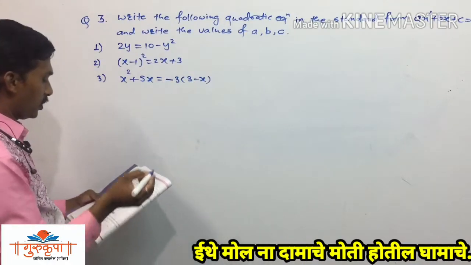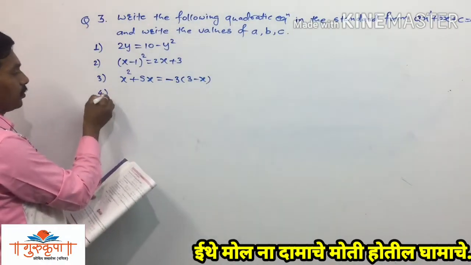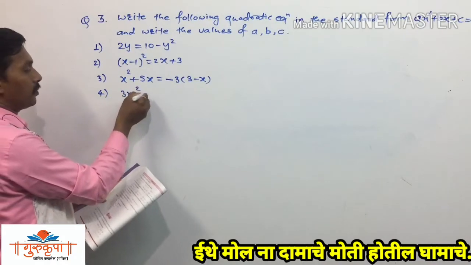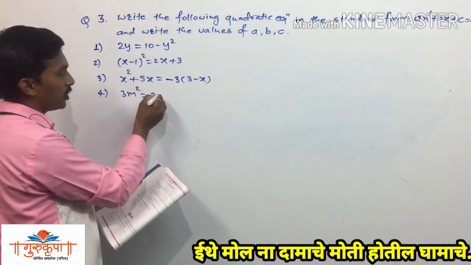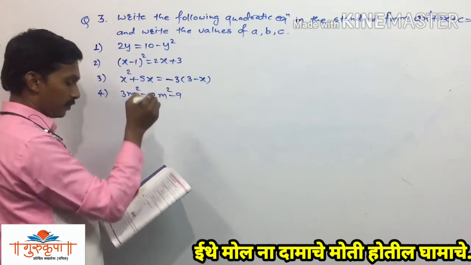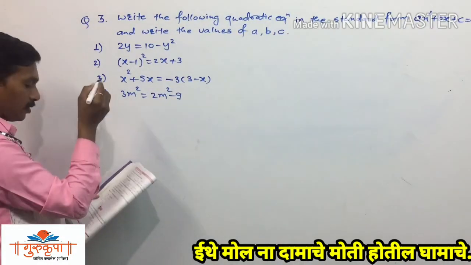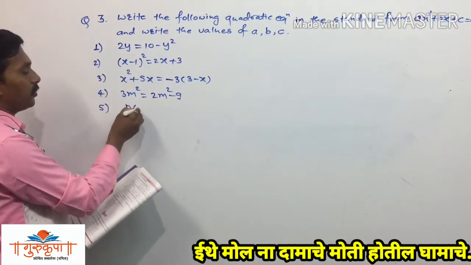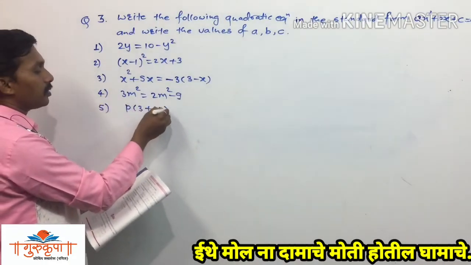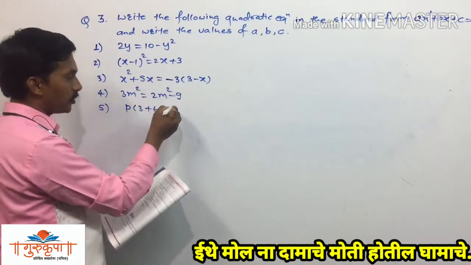Fourth example, 3m square is equal to 2m square minus 9. And the fifth example is p into bracket 3 plus 6p is equal to minus 5.